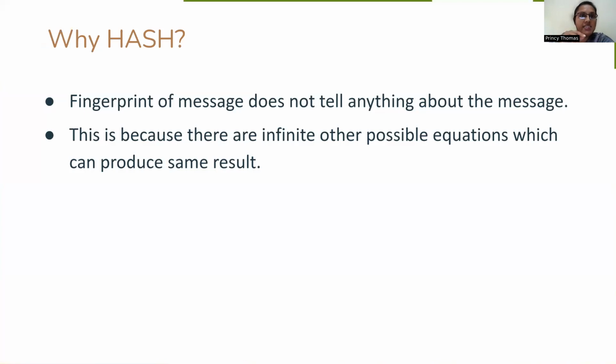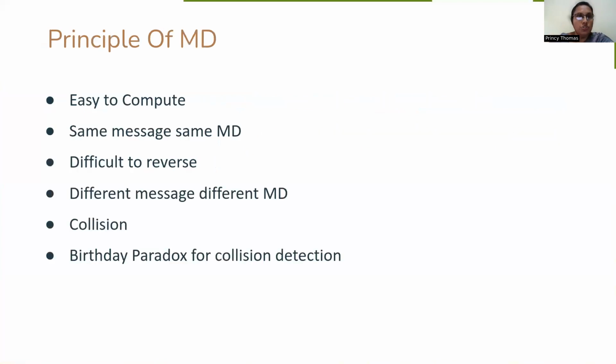The message digest does not tell us anything about the actual message, and the reason is that there are infinitely many possible equations which can give us that same result when we input the message. That is why it is not possible to say which function has been used and which message was given as input.